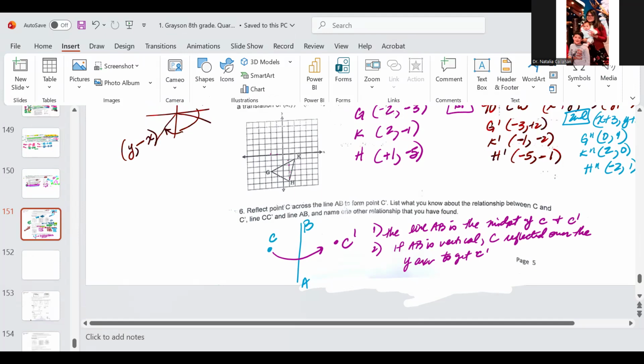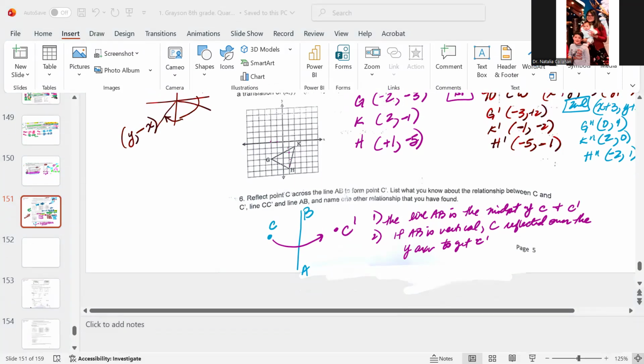Let's go back to the other question. The other question was what? It was a general. What was it? Draw a general right isosceles triangle on a coordinate plane. What is a general isosceles right triangle? Is that it?